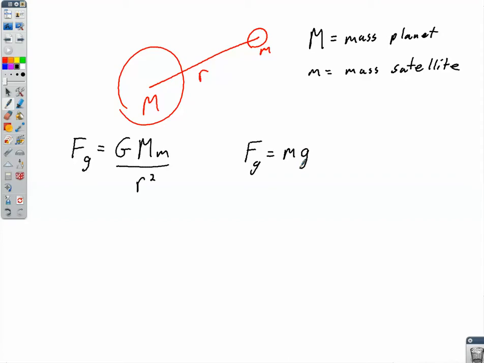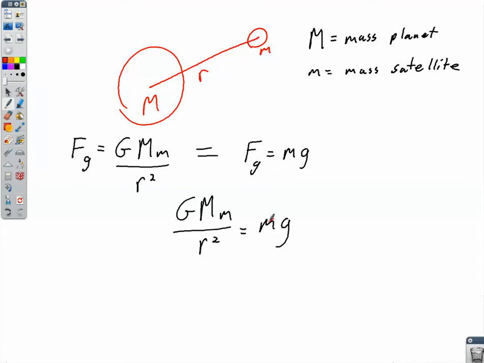If we're talking about the surface of the Earth, then g would be 9.8 meters per second squared. So since both of these are equal to Fg, we can set them equal to each other, so we end up with big G, big M, little m over r squared is equal to little m times g.